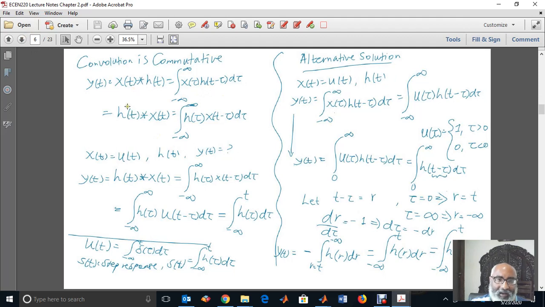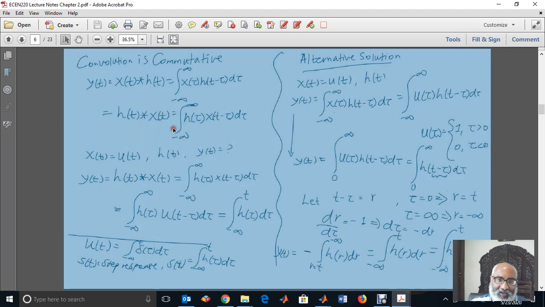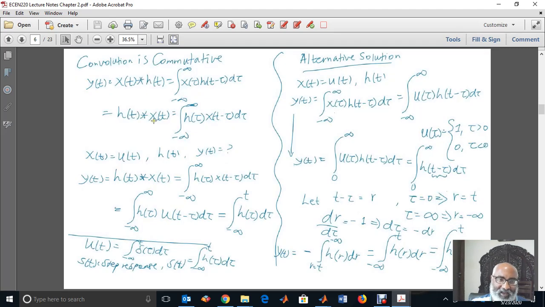Okay, convolution is commutative. That means, like normal arithmetic algebra, a plus b is equal to b plus a, and a times b is equal to b times a. Like that, y of t, x of t convolved with h of t, is the same as h of t convolved with x of t. Because now x of t is given, I make it commutative here.